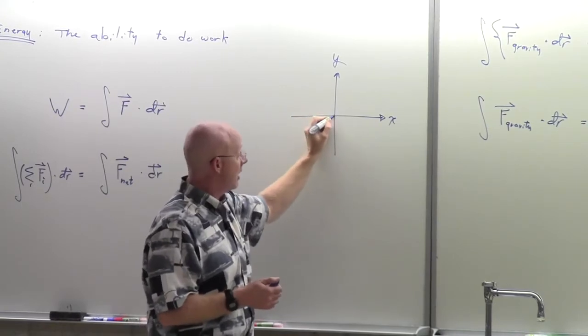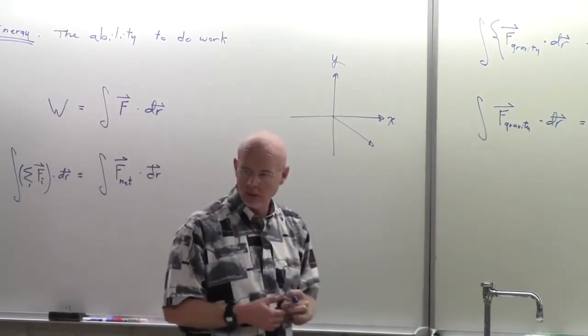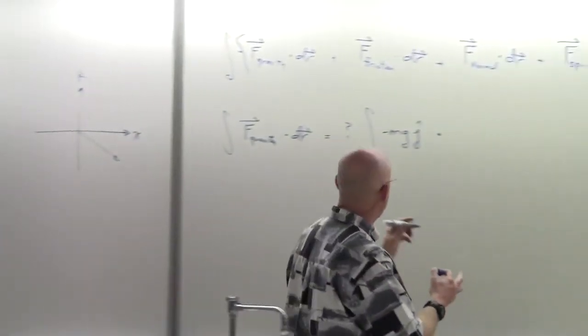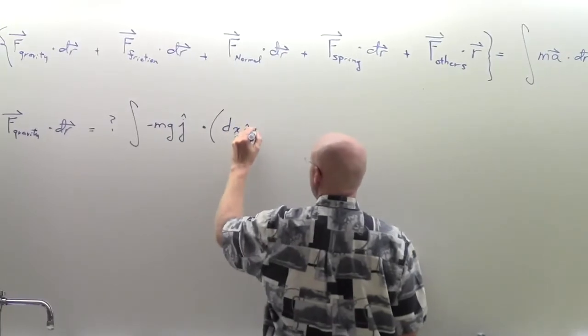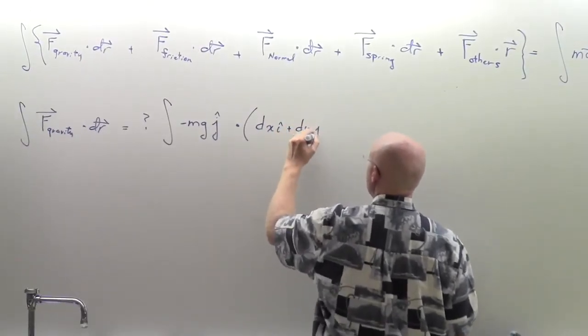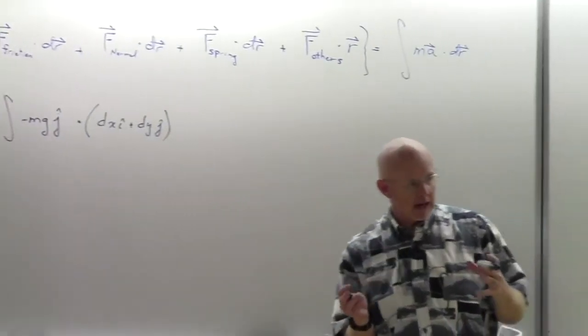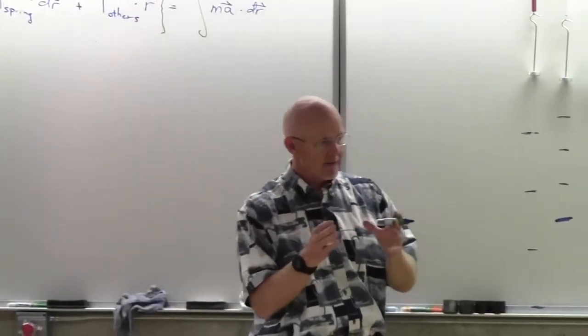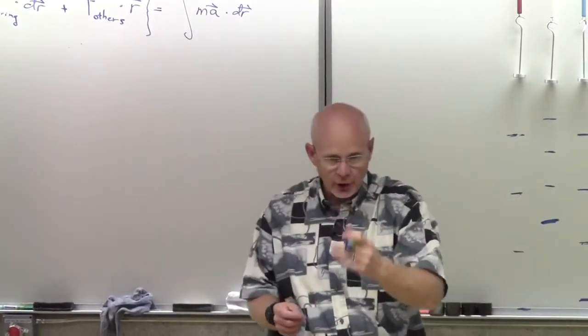What if the object went off at an angle like that? Wouldn't I describe that as maybe a movement in the x direction, i hat, plus a movement in the y direction? In fact, couldn't any movement be described by that? At any given moment, it's moving a little bit in the x and a little bit in the y, even if it followed a curved path?